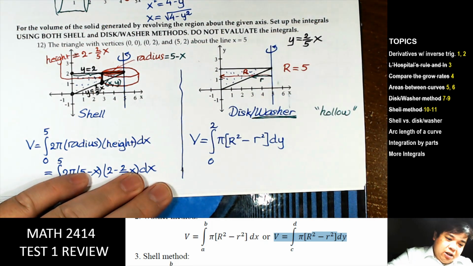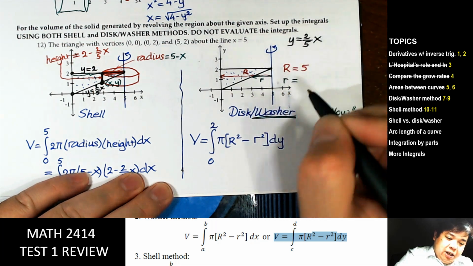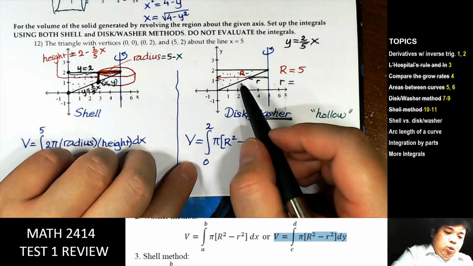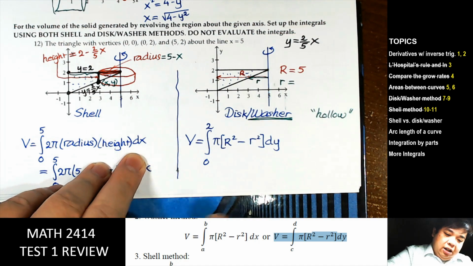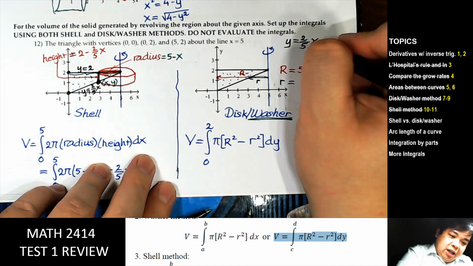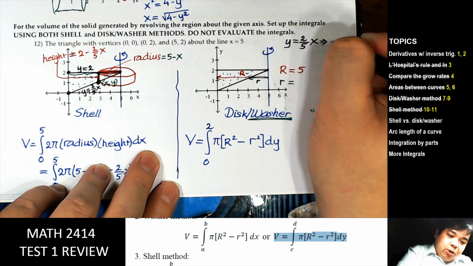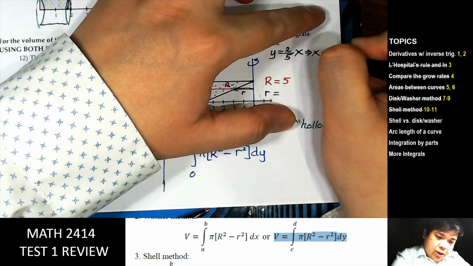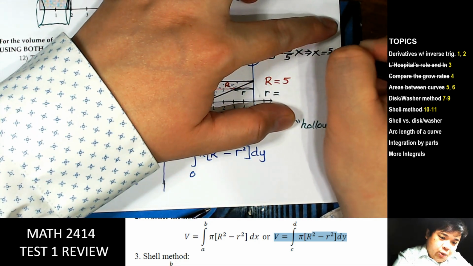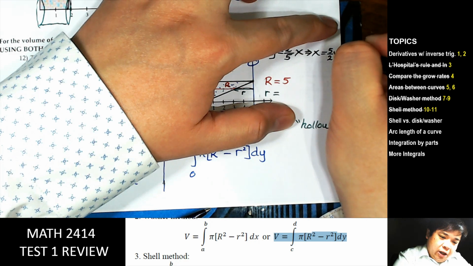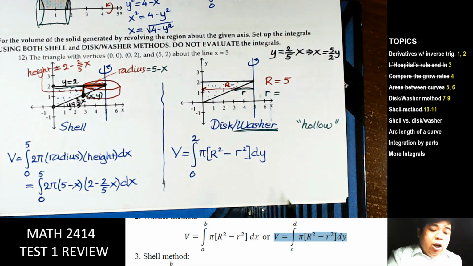And the little r, we have this line y equals 2x over 5, so x is equal to 5 over 2 y. Remember, this has to be in terms of y.